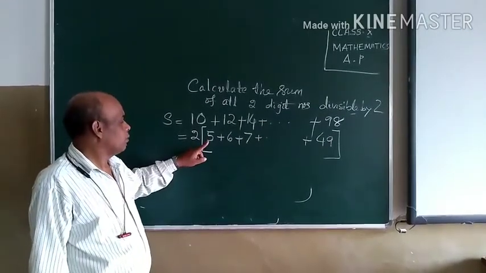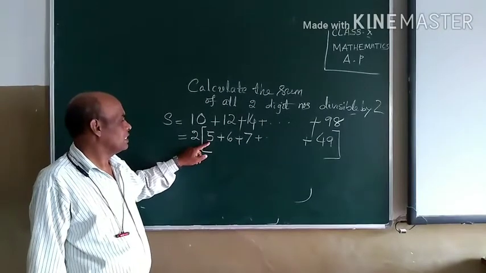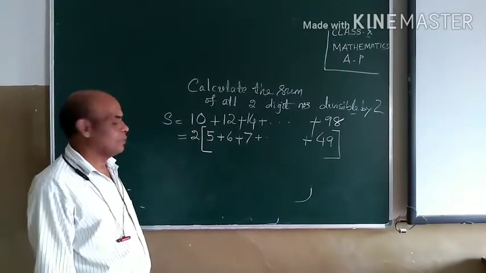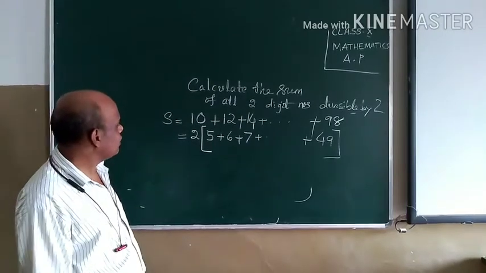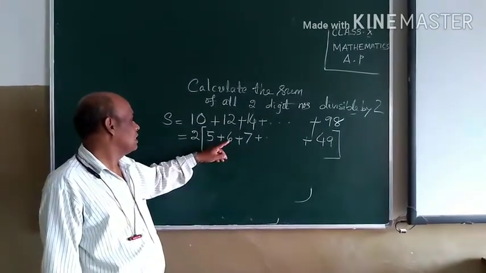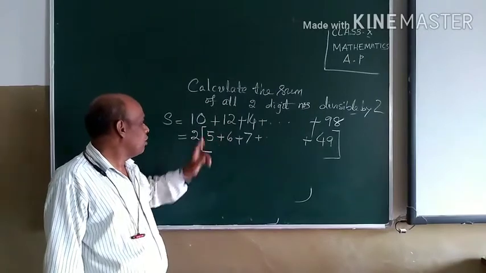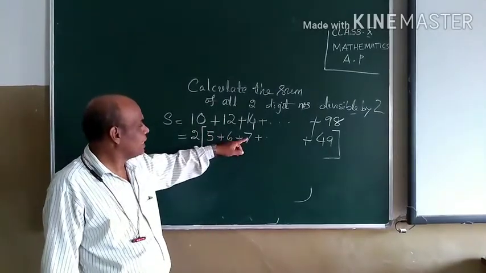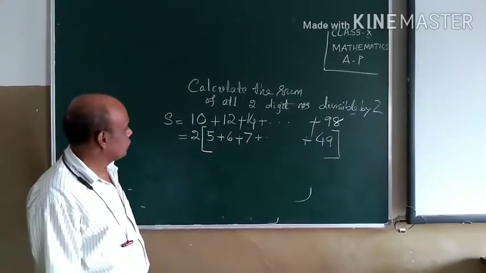So I may write here: which one is first? A is first, with 5. What is the common difference? The common difference is 6 minus 5, otherwise you may say 7 minus 6.